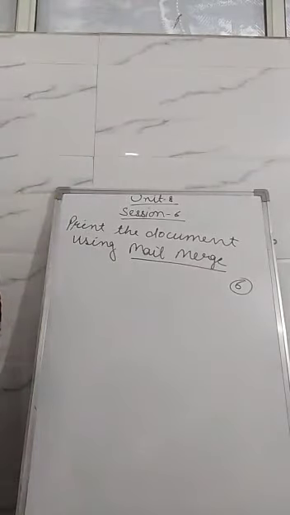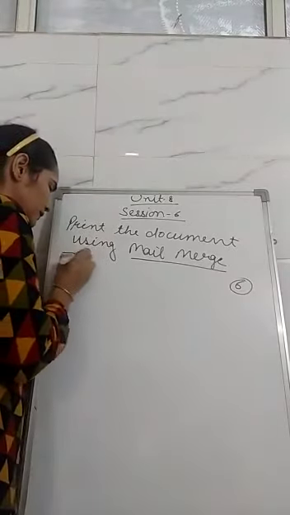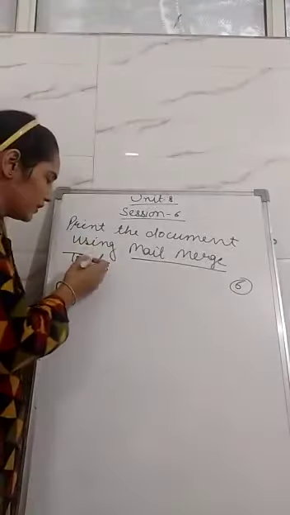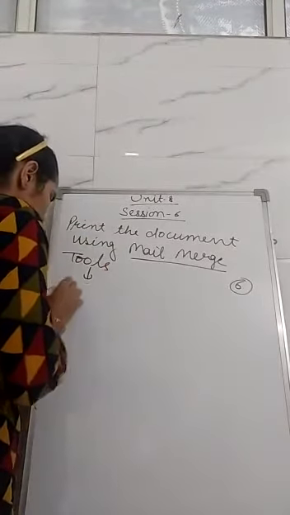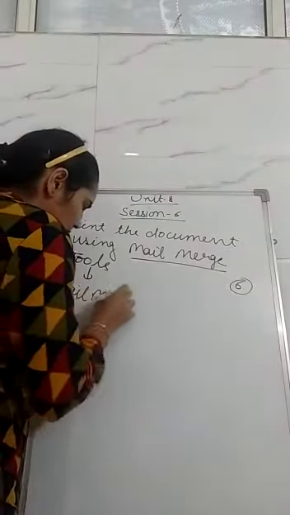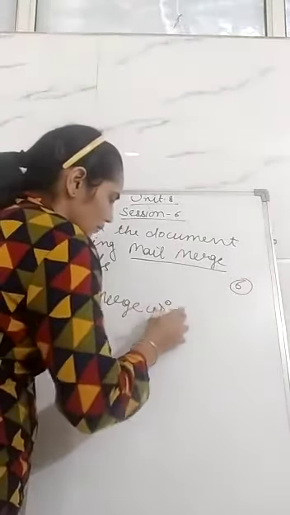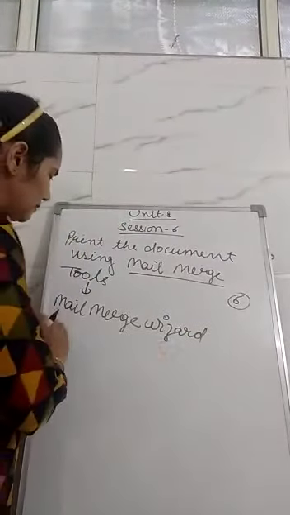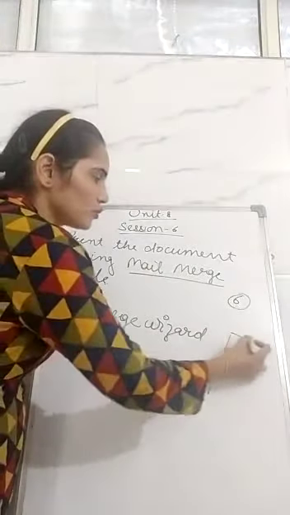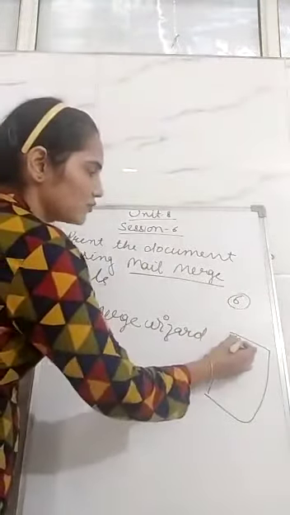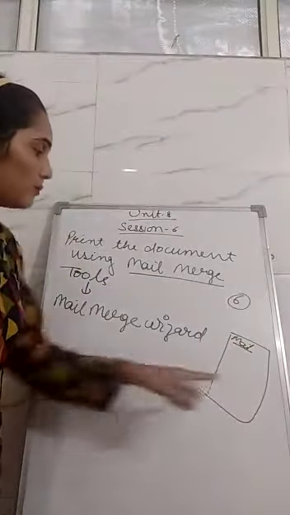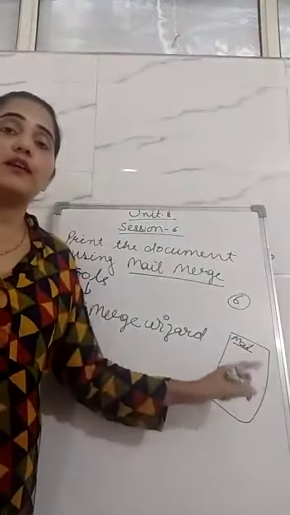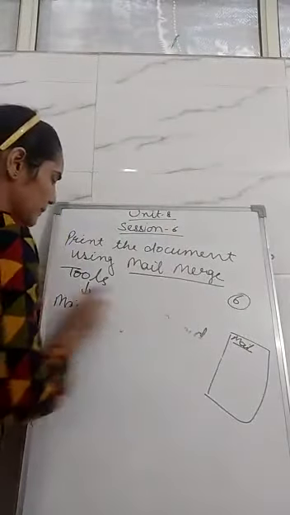First, in the menu bar there is one option, tools, then click on mail merge wizard. Clear? When we click on mail merge wizard, a dialog box will appear, and in that wizard we have to follow 6 steps.